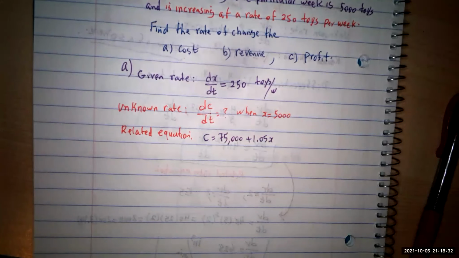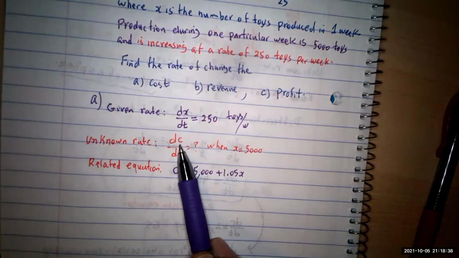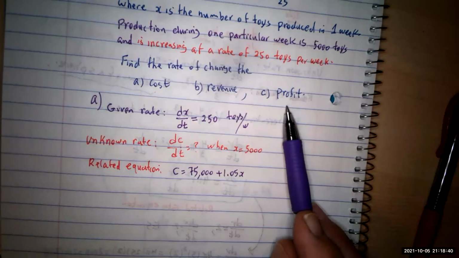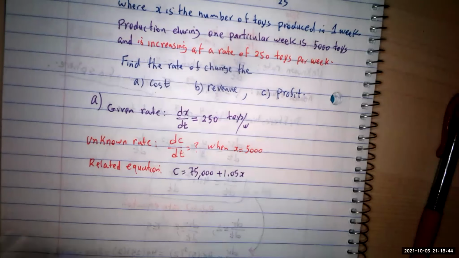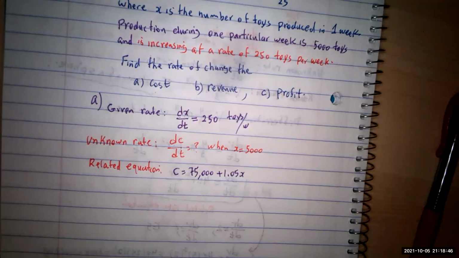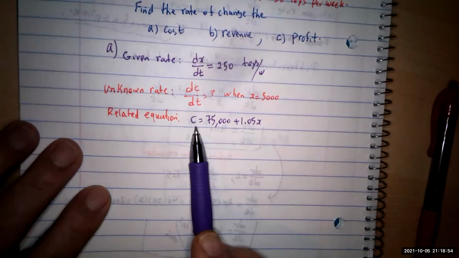Any question? So it's going to be the revenue. You see, you bring the R here, dR/dt. For the profit, you have to go and find it. Remember, the profit is the difference between the revenue and the cost, so you have to find the subtraction, then you bring it here. So what you do, differentiate this one with respect to t.